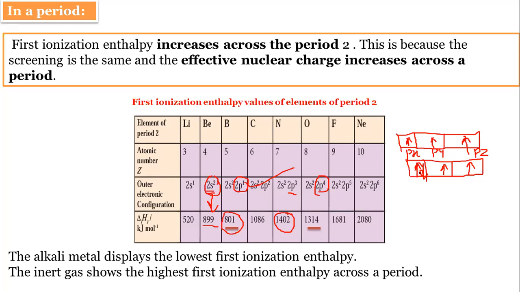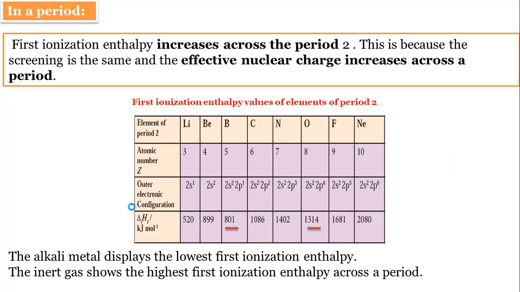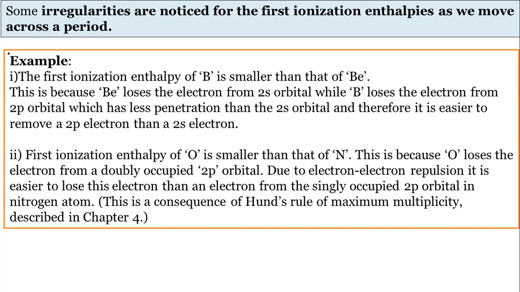If the repulsion is there, the electron will go away and be easily removed. So oxygen has less ionization energy than nitrogen. These are the reasons.